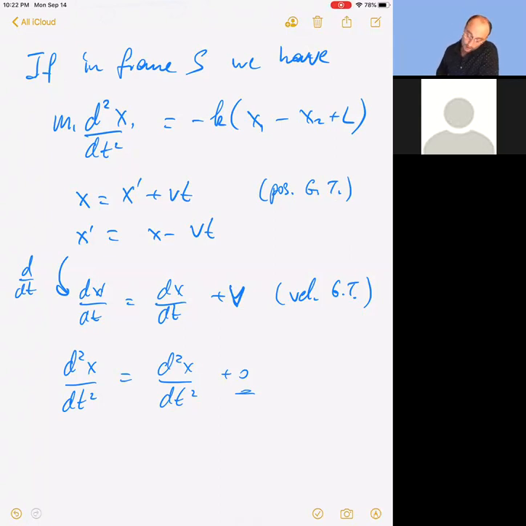So if frame one is inertial and frame two is accelerating relative to it, so generally it's not inertial, then if you observe some object, you would not agree on the acceleration of that object. That extra term with dv/dt is zero if v is constant, but if it's not constant, it's not zero. That extra term gives rise to something called fictitious forces, or sometimes pseudo forces or effective forces.